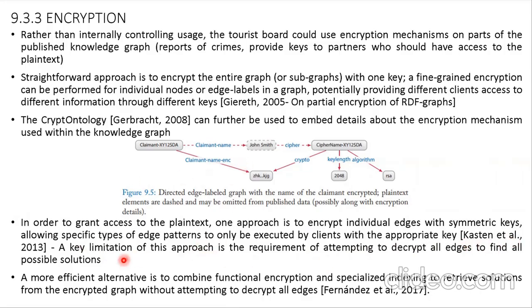So this approach can be used, for example, to allow the clients who know the claimant to have the appropriate key to find the name of the claimant through the edge pattern. However, the key limitation of this approach is the requirement of attempting to decrypt all the edges to find all the possible solutions.